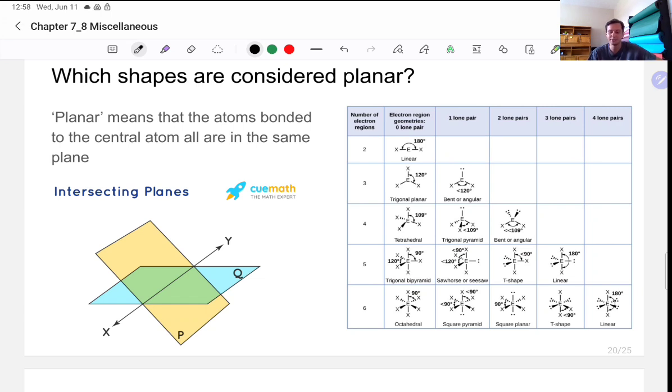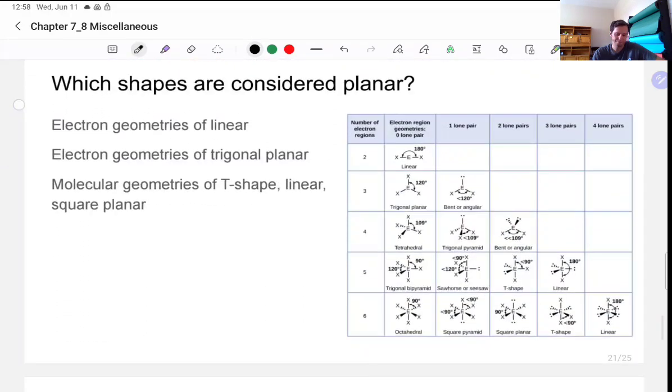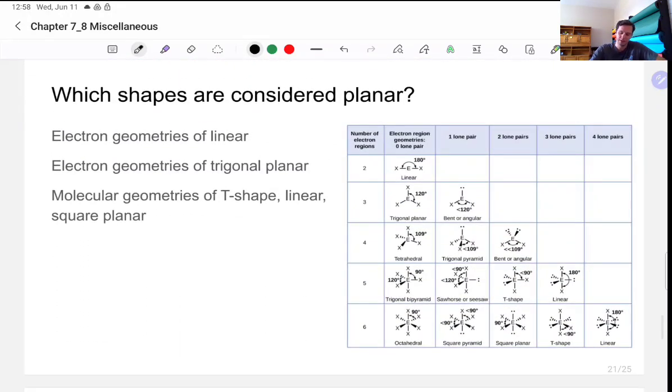So which of these bonds are flat? Because you could be asked, is it planar? Or you could be asked, is this bond in the same plane as this other bond? If the electron geometry, or electron regions, is 2, then it's linear.